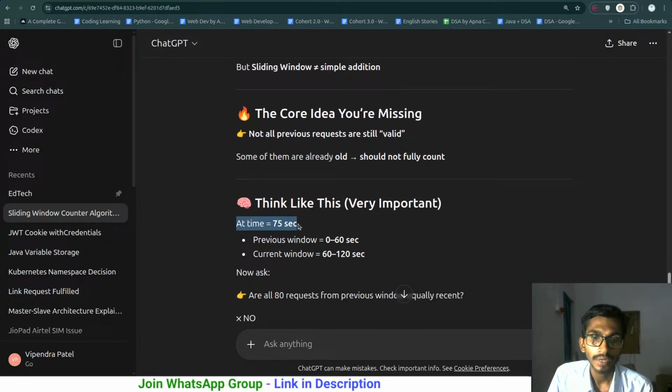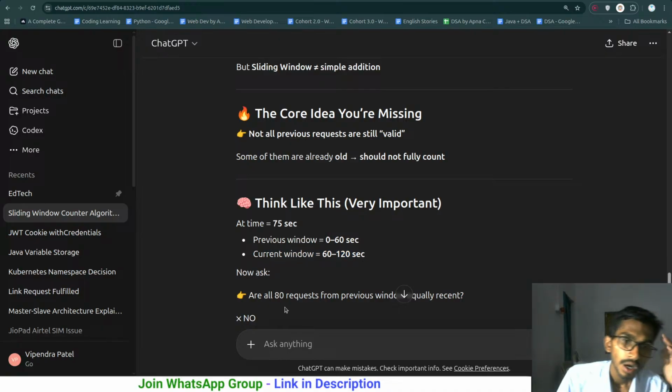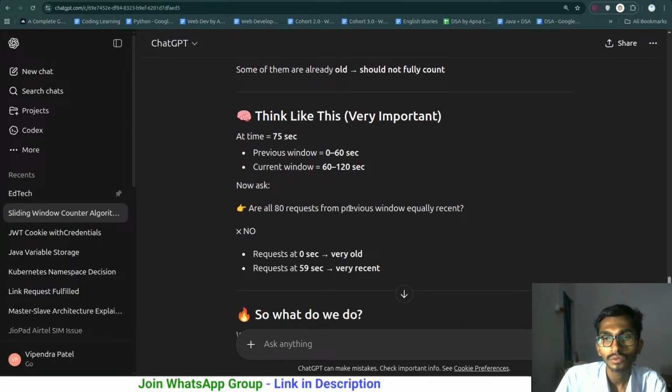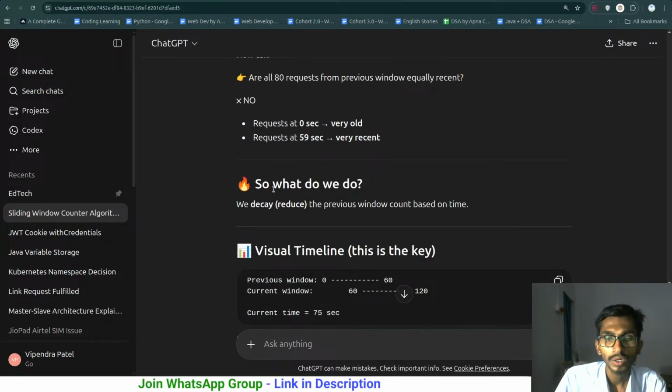Think like this, very important. At 75 seconds, the previous window is 0 to 60 seconds, the current window is 60 to 120. Now ask, are all 80 requests from the previous window equally recent? No, right? A request at 0 seconds is very old. A request at 59 seconds is very recent. That makes sense. So what do we do?